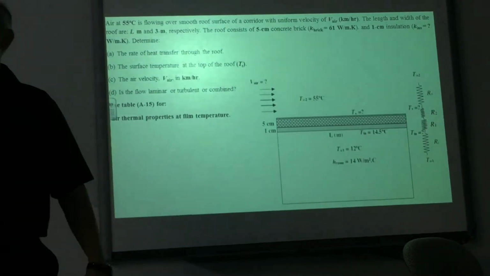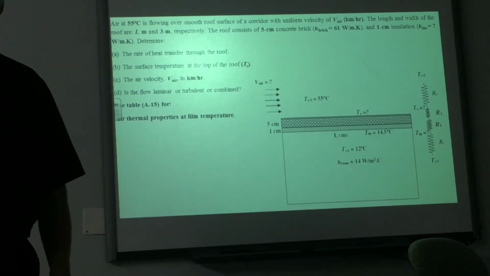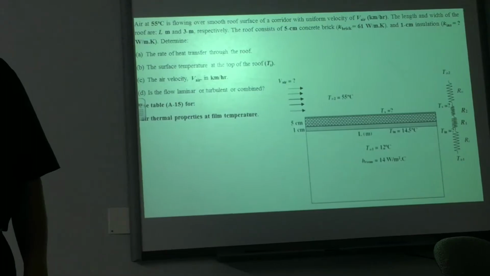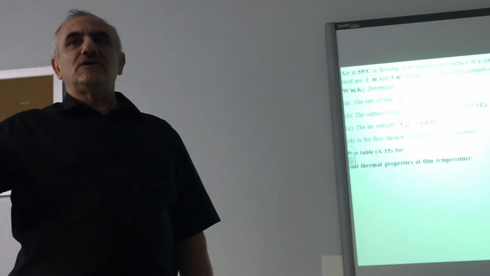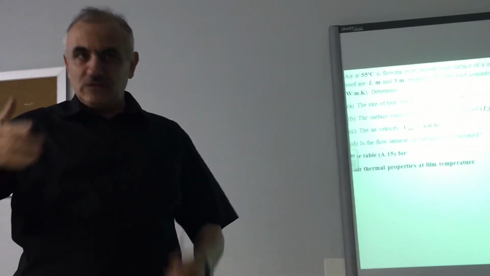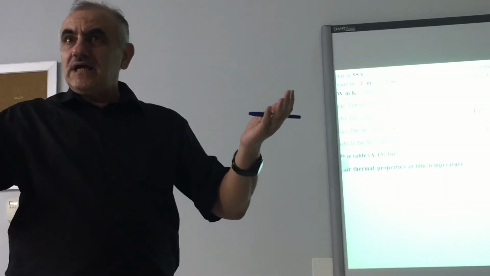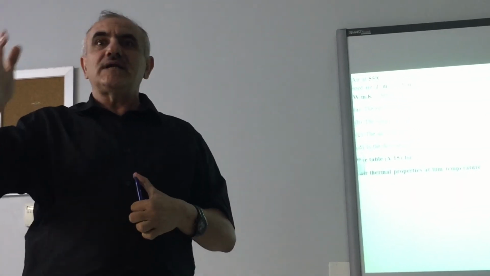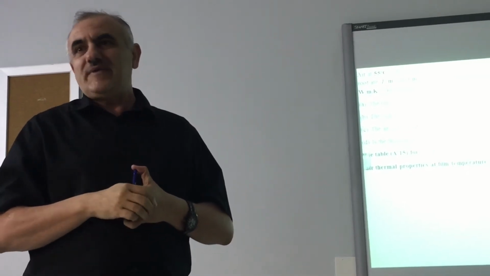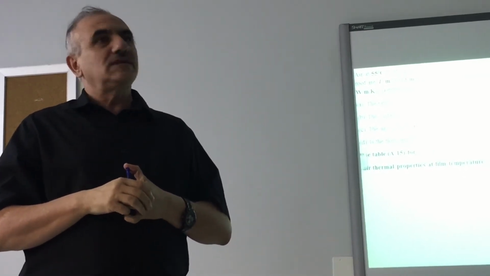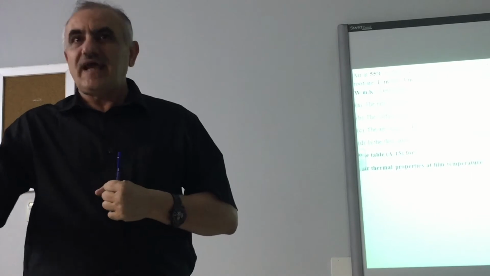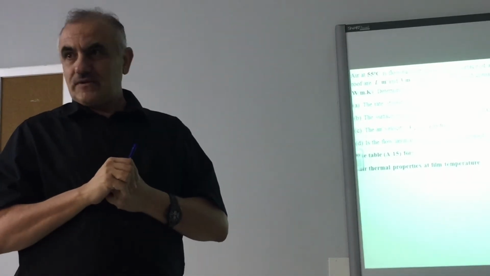So maybe your Reynolds number is laminar, maybe his Reynolds number is combined. So if you see your friend's Reynolds number is laminar, you know, you start by assuming all laminar, because this is the easiest way. It doesn't mean your friend being laminar means you also have to be laminar. This is not the case. You may be turbulent because you have different L, so a different Nusselt number, okay?